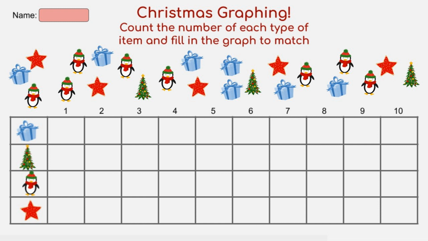The way this has been created is the Christmas graphing and the words at the top, and that graph on the bottom, those squares, were created in Google Slides and then saved as an image file. So there are two steps to this. It's created in Slides, saved as an image file, and then put back into the next slide as a background. I'll demo that for you in a minute.